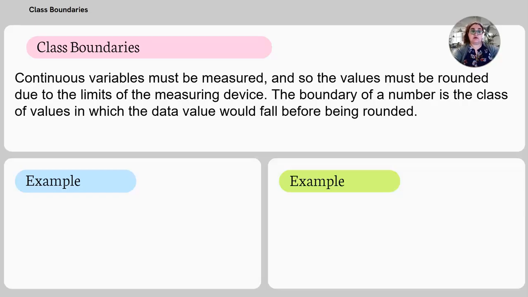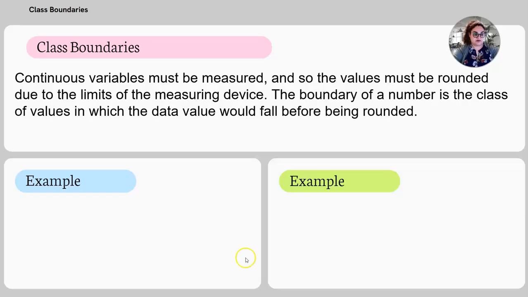So the class boundary will help us when we're setting up our classes. You usually do 0.5 before your class and 0.5 after. So instead of looking for people who are 6'5", you would look for people who are 6.49 and 6.55 or something like that.